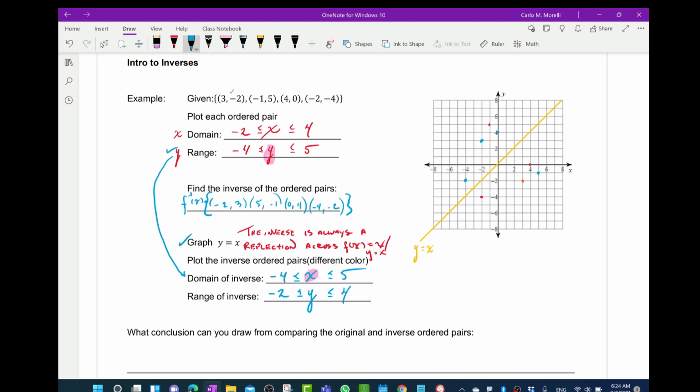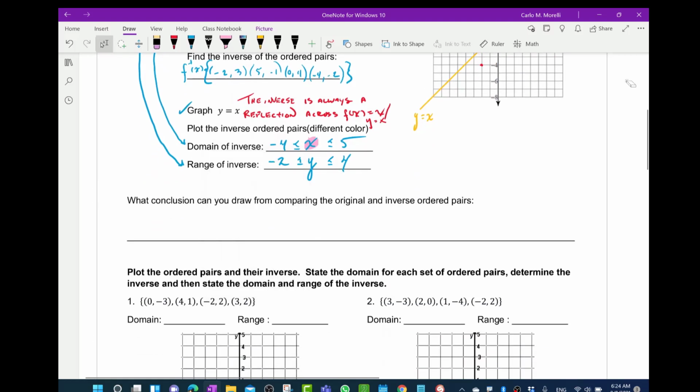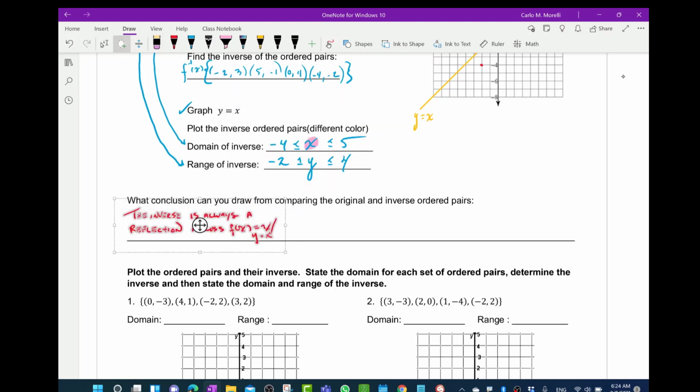So again, notice that the domain of the original is the range of the inverse, reflected across this graph. All right, moving on. What conclusion can you draw about comparing? Well, we already did it, so maybe I'll just move this down here. That's what I would put.